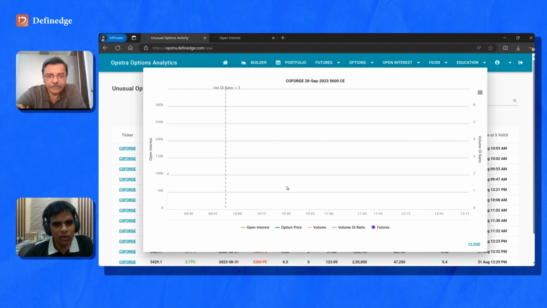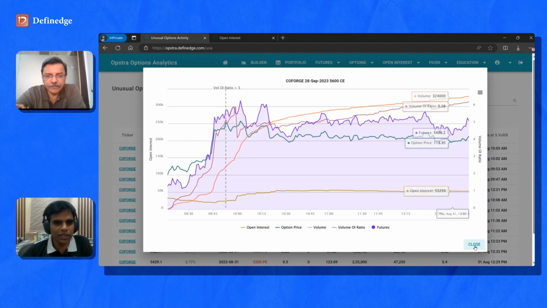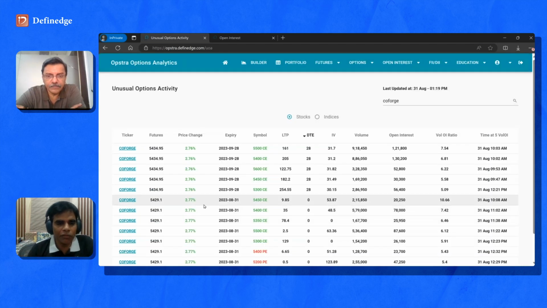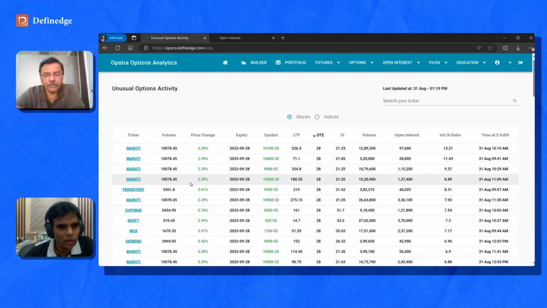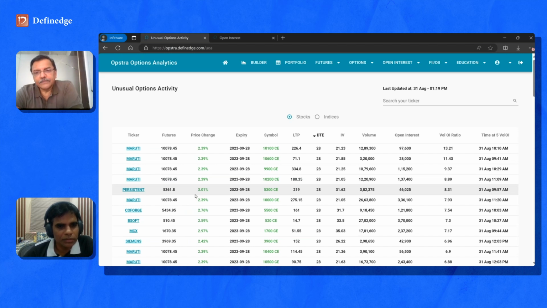These all came much later. So people might have jumped in after the stock has moved. That's why it's important to look at the price change also. If the price change is very high when you got this crossover, then maybe we can avoid that kind of scenario, because the price has already moved.